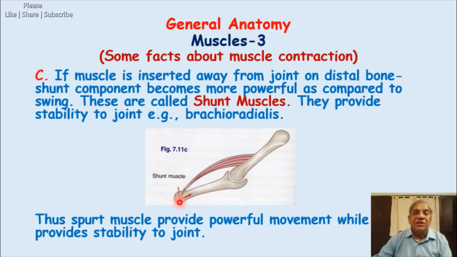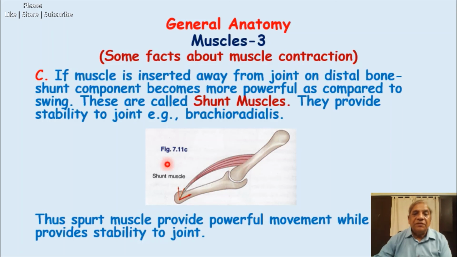But the other component, which we were saying is the shunt component, is very powerful here. So these kinds of muscles which are attached close to the distal end of the distal bone, say here the ulna, are called shunt muscles. So there are two different types of muscle, spurt muscles and shunt muscles.